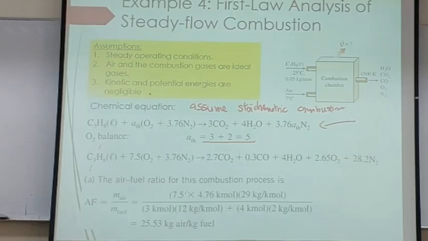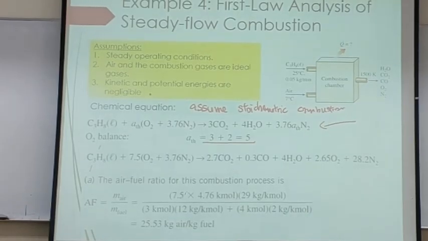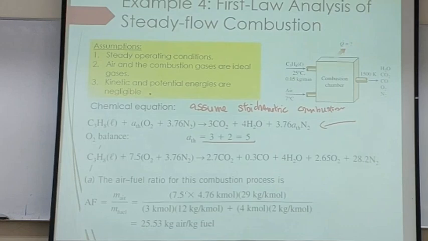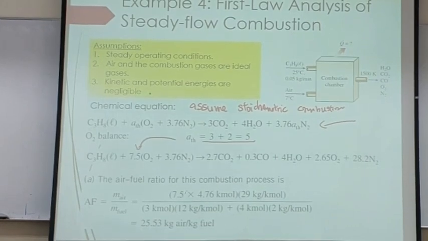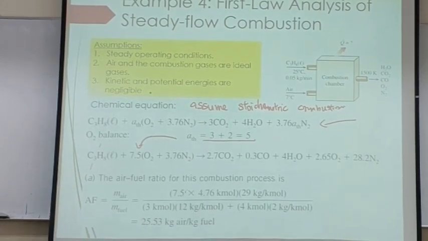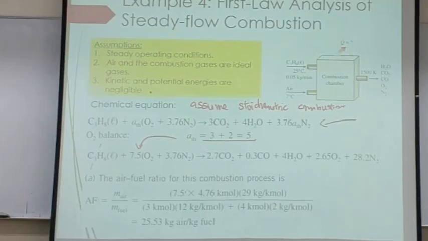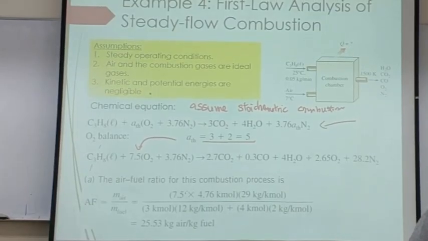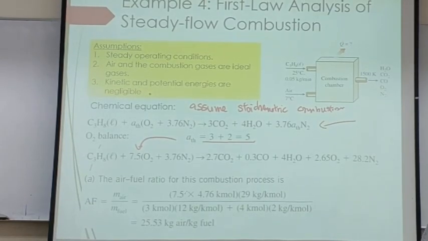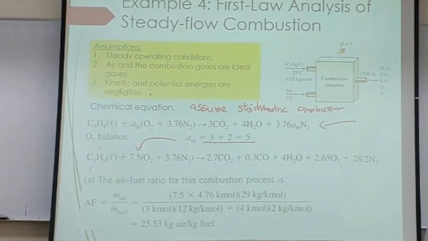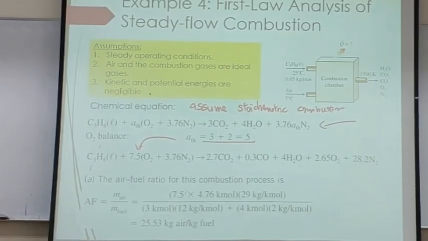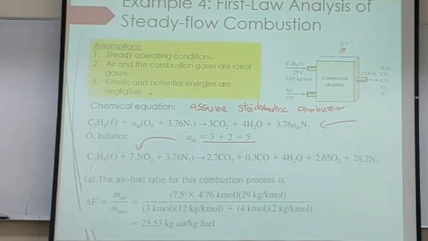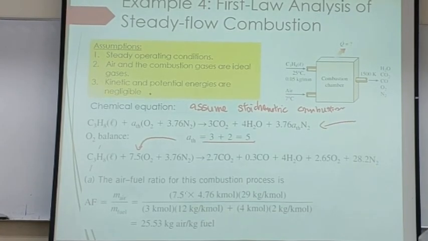From here, you know you have 50% excess air, that will mean the actual air that you have is 7.5, 50% extra. This question, technically speaking, you don't really need to do the first step. You can still get this 7.5 if you balance. But again, what I encourage is to start from this one first, it's safer, because it doesn't work all the time if you don't go to the stoichiometric first.